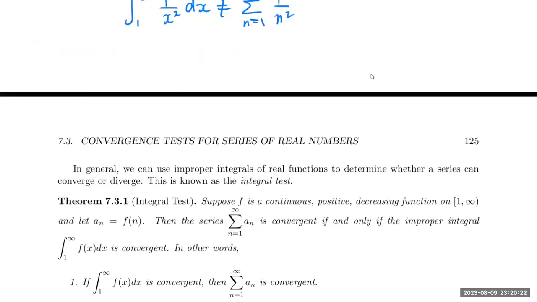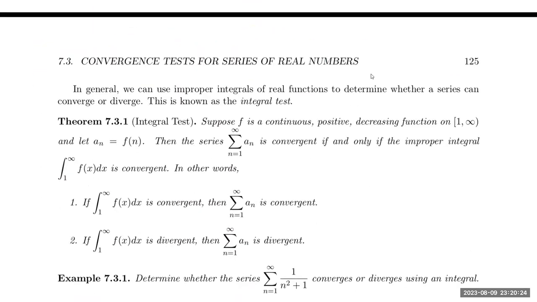In general, we can use improper integrals of real functions to determine whether a series can converge or diverge. So this is the first test we're going to be talking about, which is called the integral test. It says, let us consider a function f that is continuous, positive, and decreasing on 1 to infinity, and let a_n be f(n).